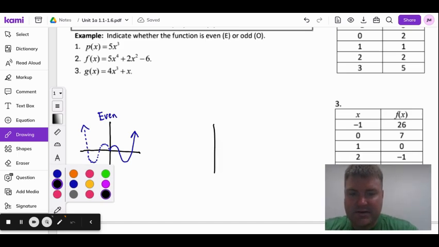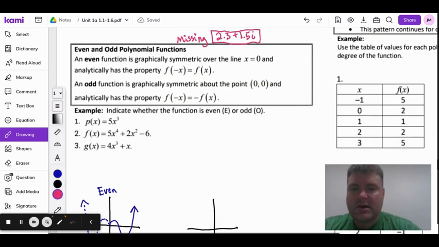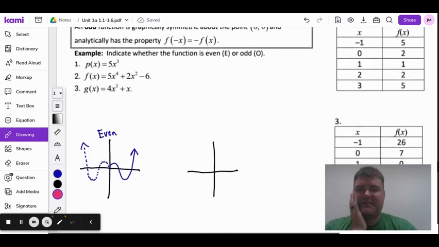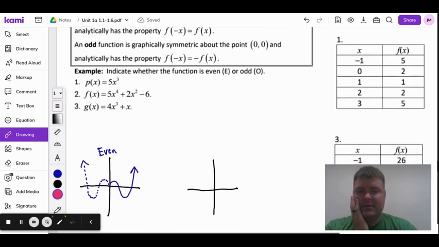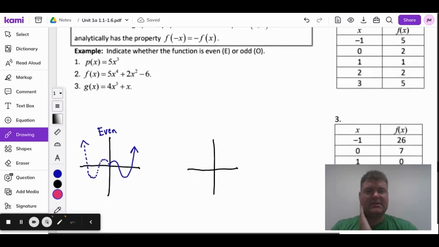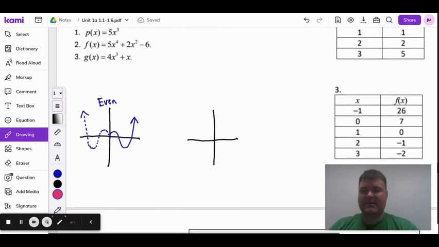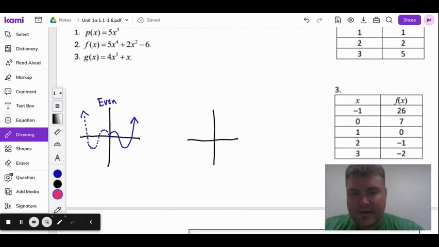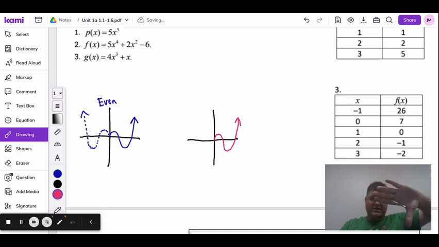Let's talk about odd. Odd functions are graphically symmetric, which has the property of f of negative x equals negative f of x. If I were to draw the same thing here, I can't do it because I don't have a piece of paper in front of me, but the easiest thing to do is to just rotate the piece of paper, and then it would look like the exact same thing.